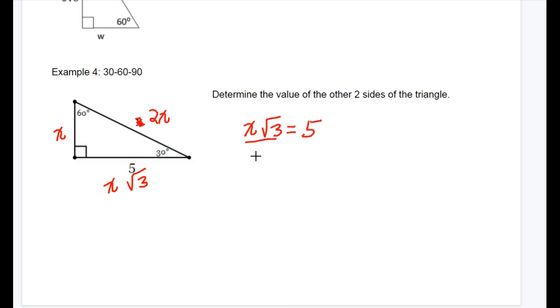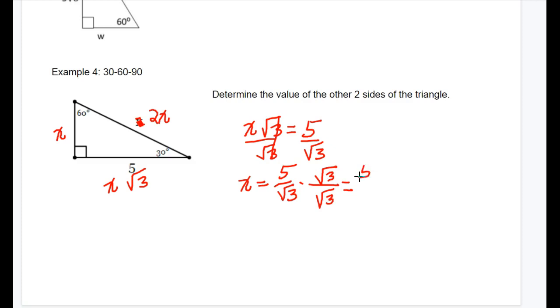Okay, so I'm going to divide both sides here by the square root of 3. Okay, when I do that, those cancel out. So x equals 5 over the square root of 3. Again, we don't want to leave a square root in the denominator, so I'm going to multiply that by the square root of 3 over the square root of 3. Again, that's just like multiplying by 1.